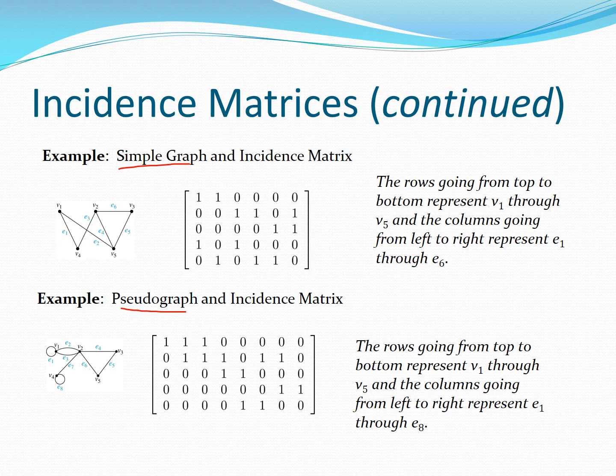Let's start with V1, then we have V2, then we have V3, and then we have V4, and then we have V5.